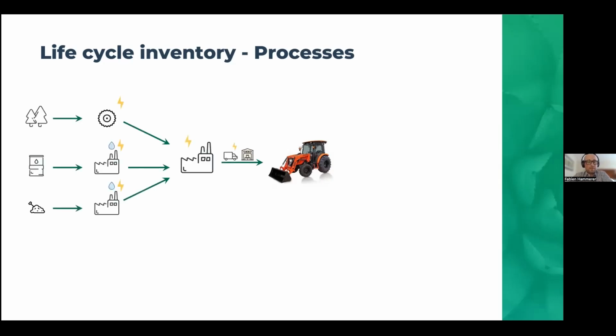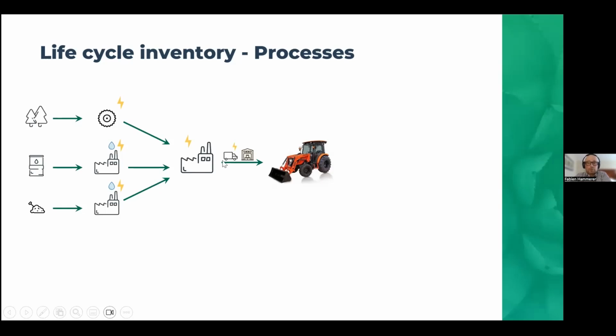Well, we all know that there's a lot of activities coming into manufacturing that tractor, from resource extraction. Those can be organic, bio-based, they can be fossil, they can be mineral, and all these materials need to be processed, assembled, and manufactured into the final product.